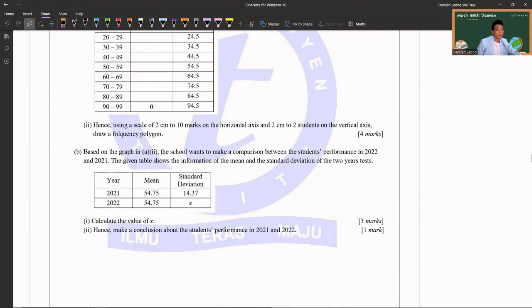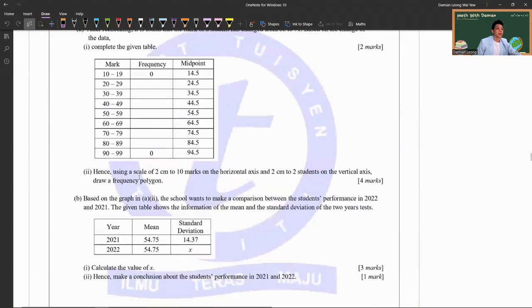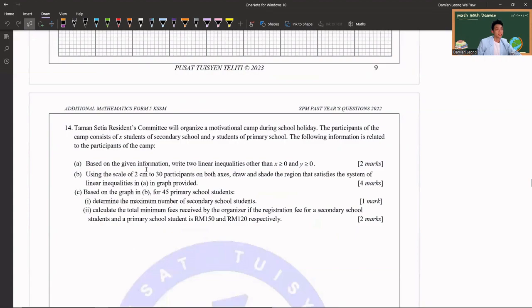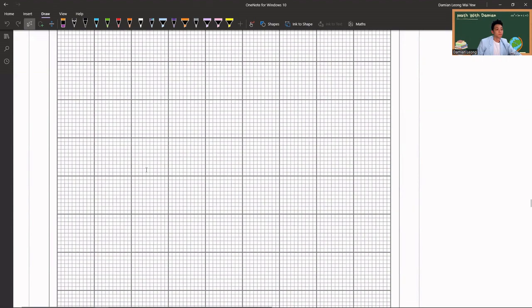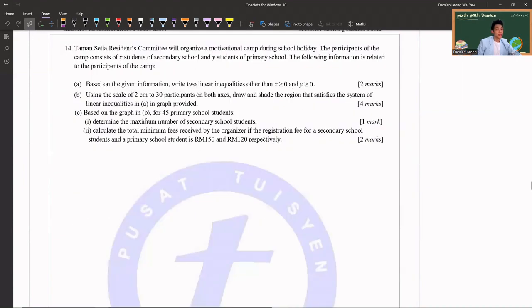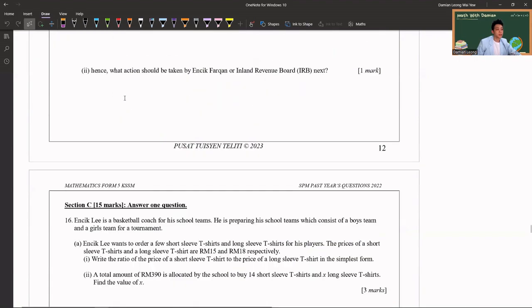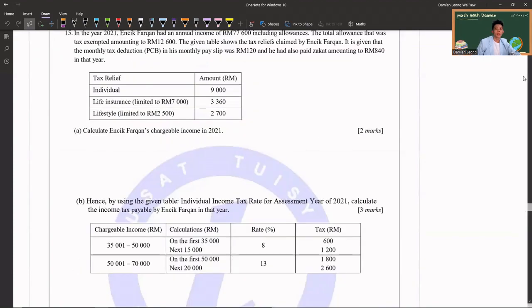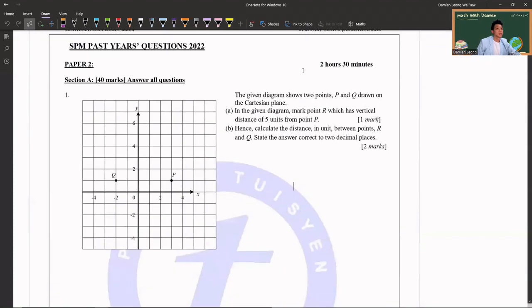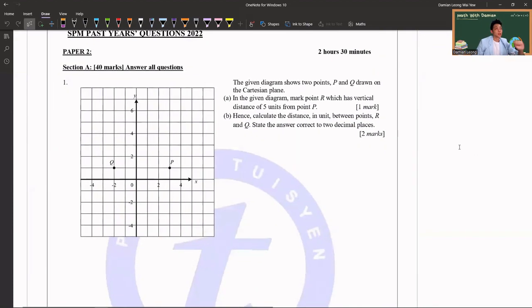Draw a frequency polygon in this case. But they can also ask you to draw other types of graph. Then question 14 is also quite standard, whereby they ask you to draw a graph for a system of linear inequalities. Other questions would be less standard. I would recommend doing the graph drawing questions first, because they secure quite a bit of marks. Other than that, let's look at the questions.